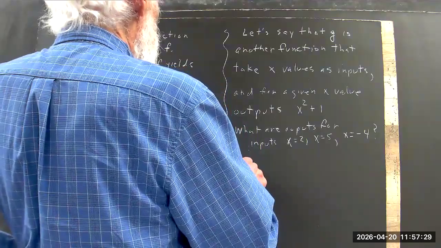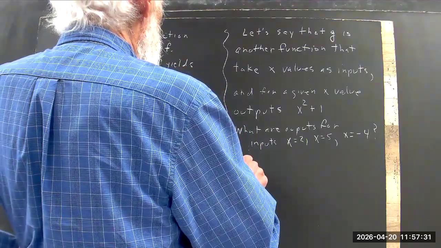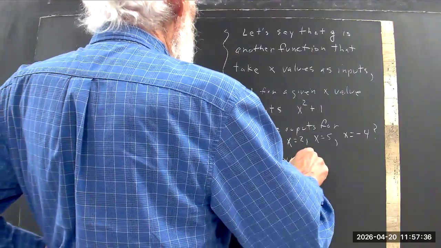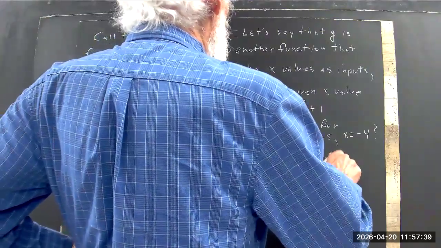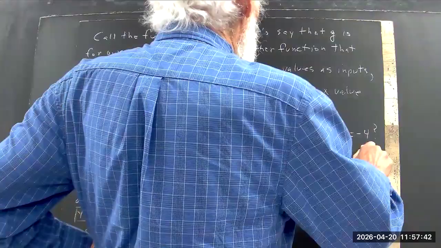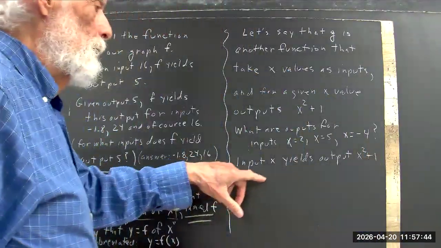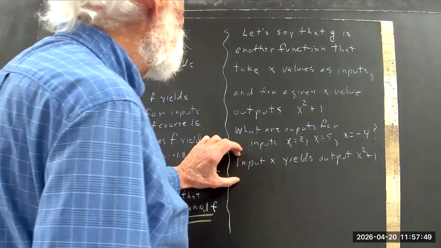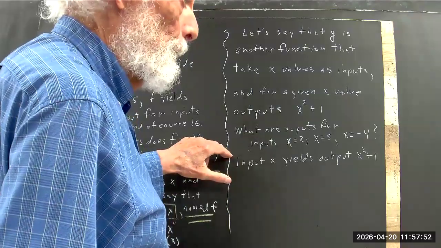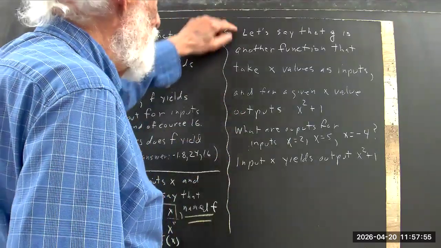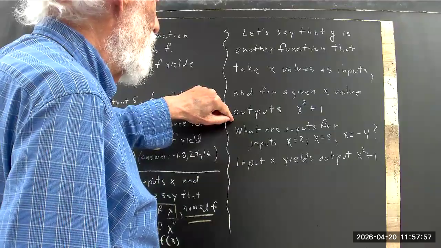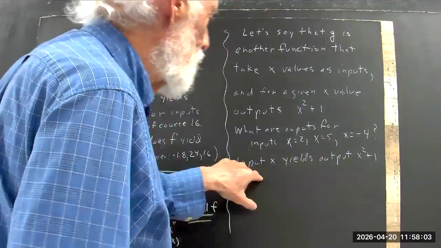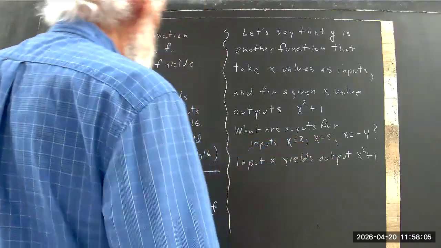So, I'm going to make the statement input X yields output X squared plus 1. It's a simple, more concise statement of what I just said up here. So make sure you understand that this whole paragraph comes down to this, and we can apply this to these inputs.